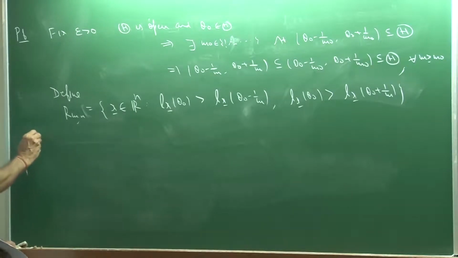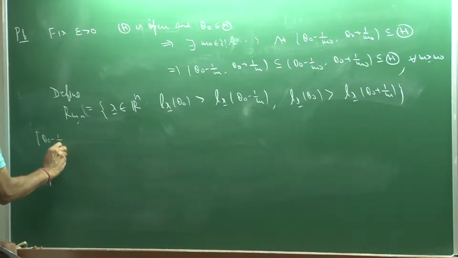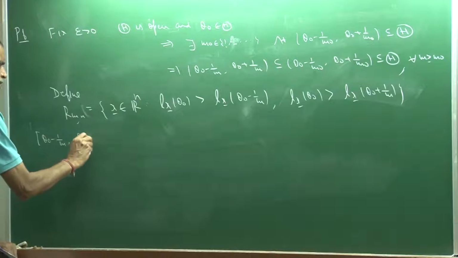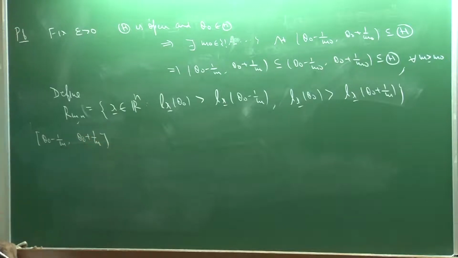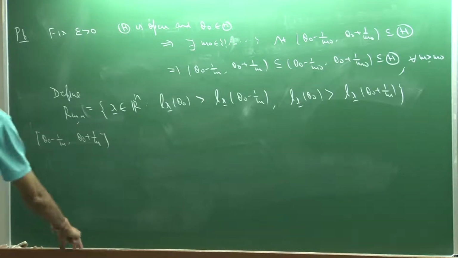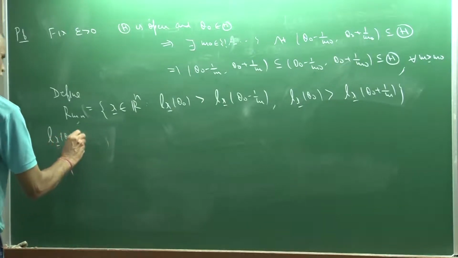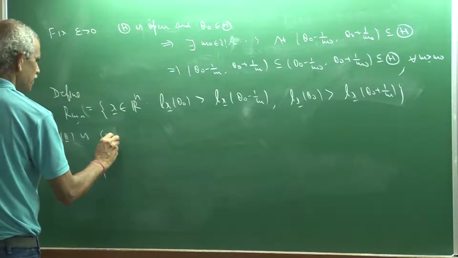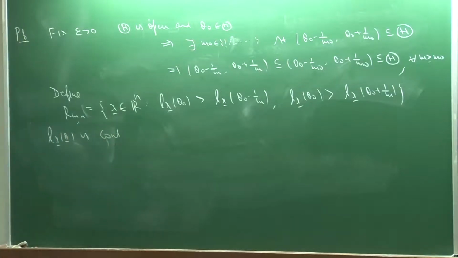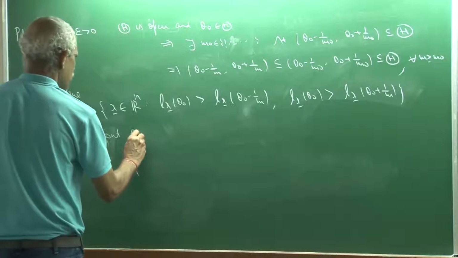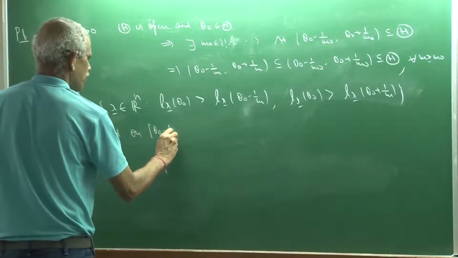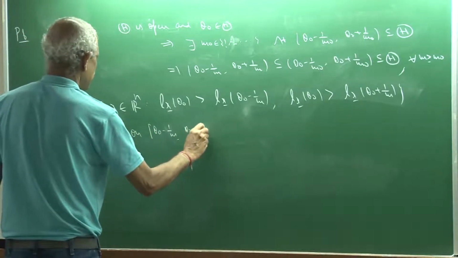Now, if I consider the interval theta naught minus 1 upon m to theta naught plus 1 upon m, it is a closed and bounded interval, and your L x theta is continuous on theta naught minus 1 by m to theta naught plus 1 by m.